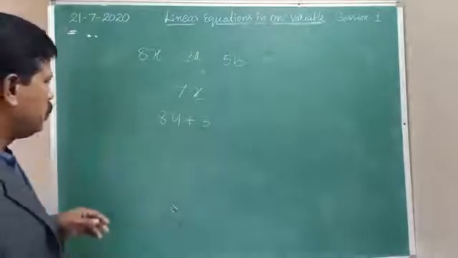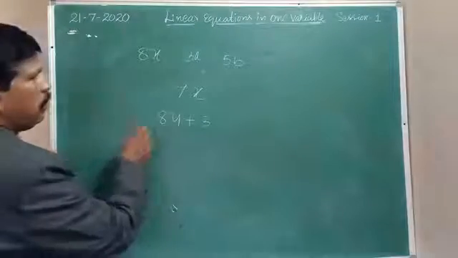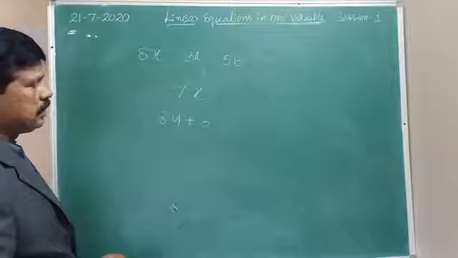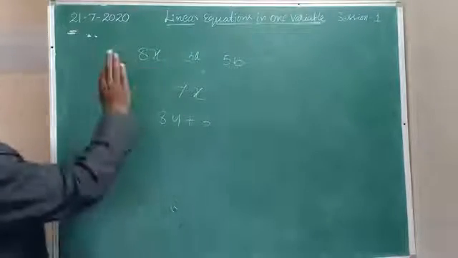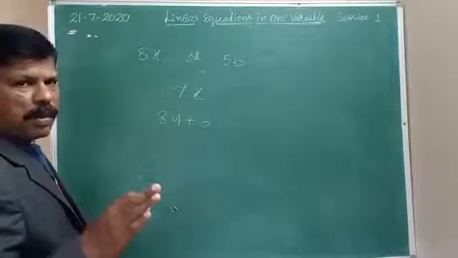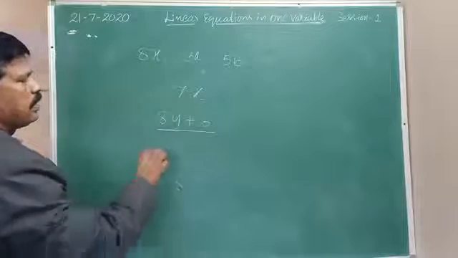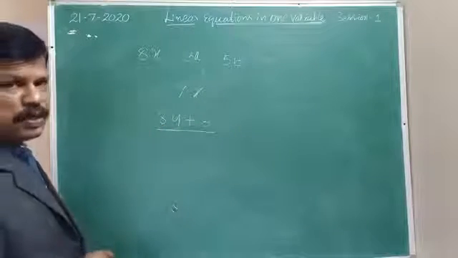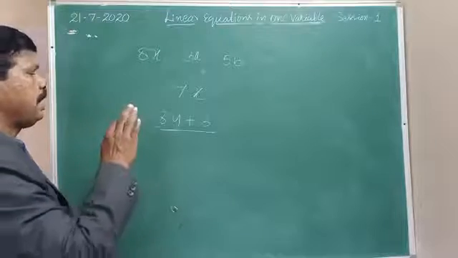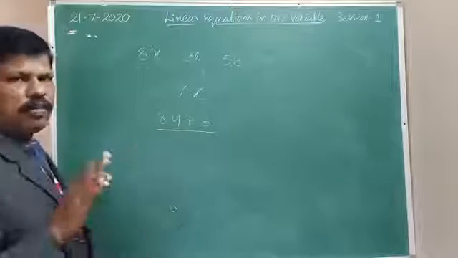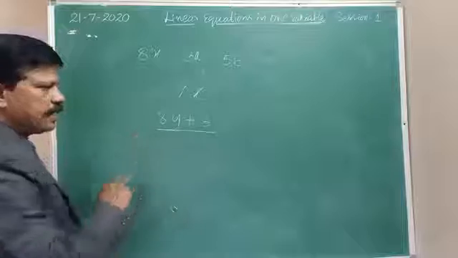And also you studied algebraic expressions. Expressions are terms combined with plus or minus signs, like this. So this is called an algebraic expression. In your previous class you studied algebraic expressions.